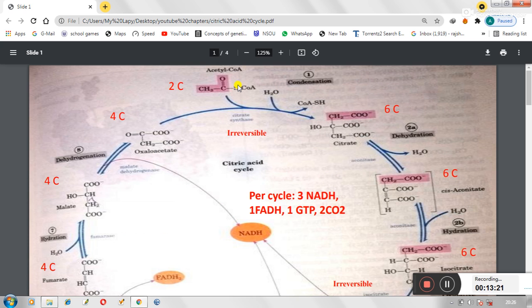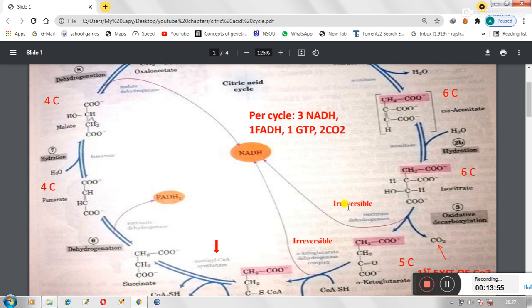If a question asks how many times the Krebs cycle will run for one glucose molecule, the answer is 2 times, because 1 glucose means 2 pyruvic acid, and 2 pyruvic acid means 2 acetyl coenzyme A. A single cycle can only oxidize a single acetyl coenzyme A, so 2 runs are necessary.